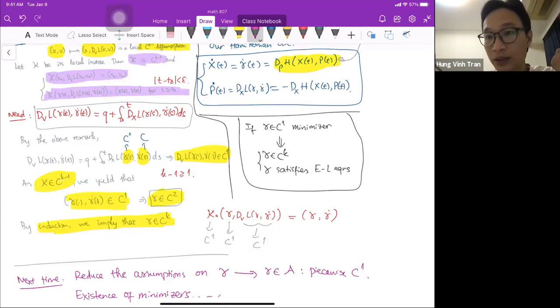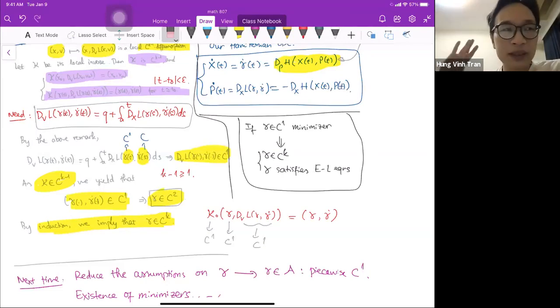We're going to prove that actually every minimizer is smooth enough. But there's a catch: we would need to assume that everything is nice. Our Lagrangian is uniformly convex and is smooth enough. In fact, there are many interesting counterexamples in the literature.